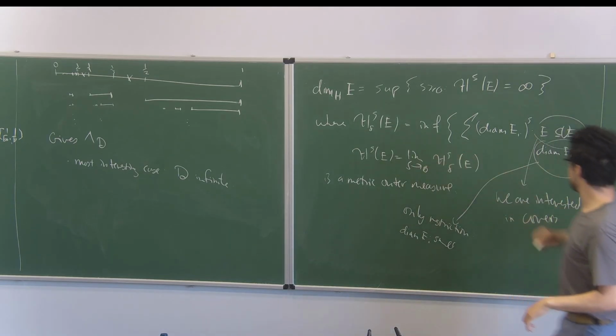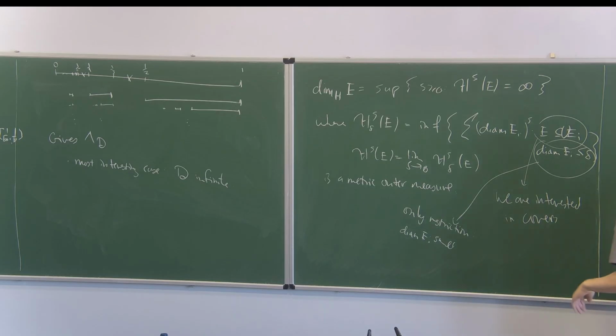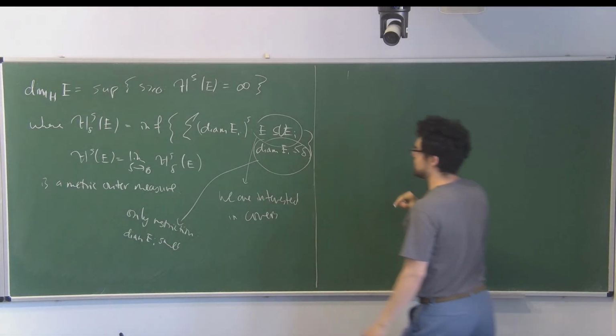So the other two dimensions that I wrote on the board are the upper and lower box dimensions. The upper and lower box dimensions say, well, instead of asking for covers of any size, let's make the restriction that we're going to require all of the elements in the cover to be the exact same size. So it can be phrased as the following.